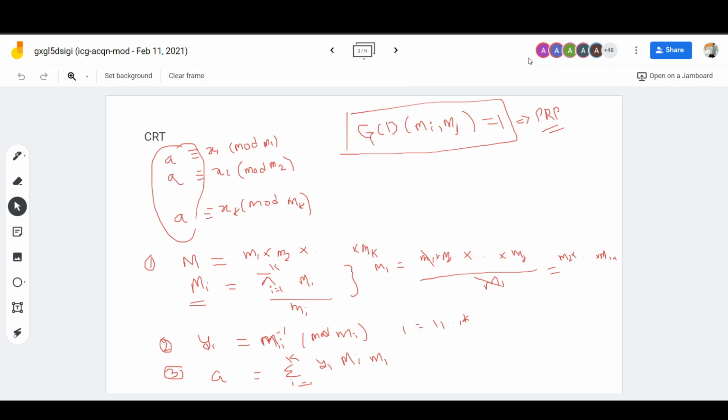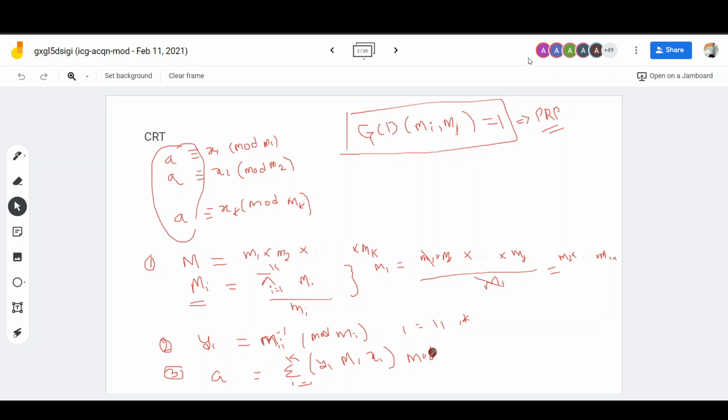Sorry, this is xi. This is your xi, mod your capital M.